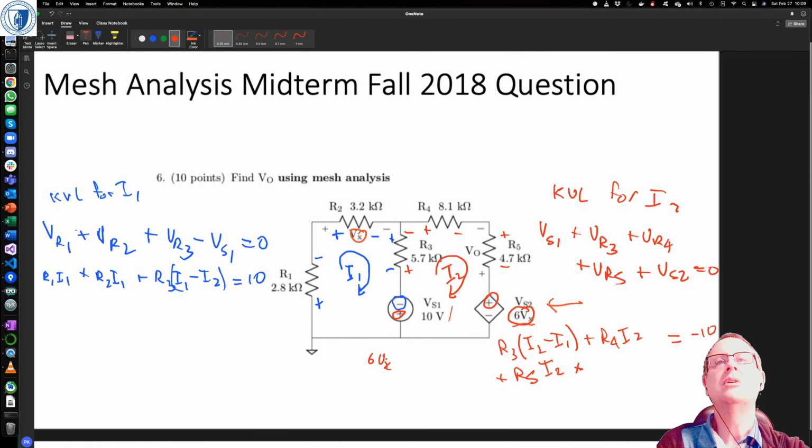Let's just quickly look at what 6Vx is. Vx is equal to 3200 times I1, right, because we've chosen the polarity of I1 to be the same as the polarity of Vx, so that's 3200.